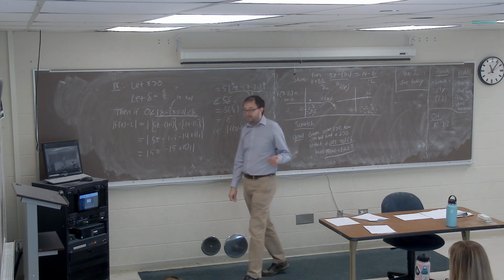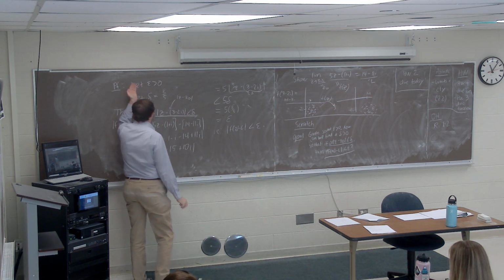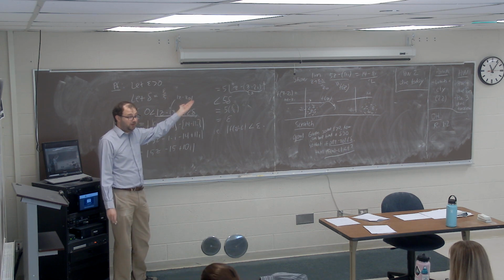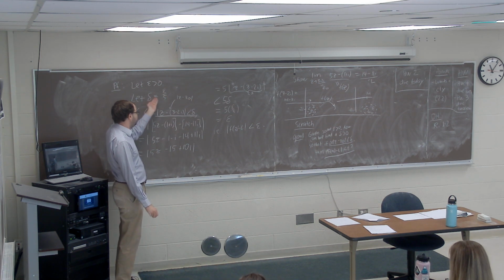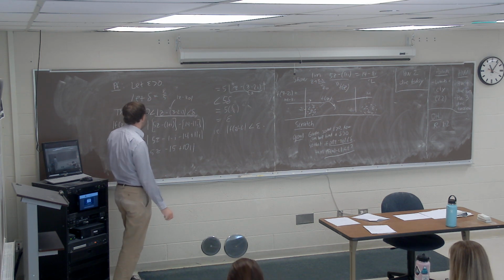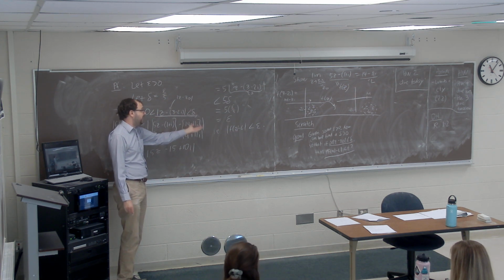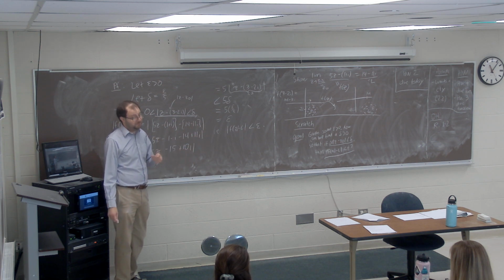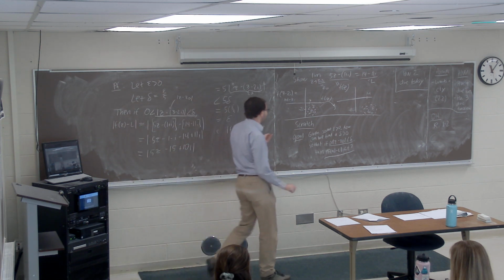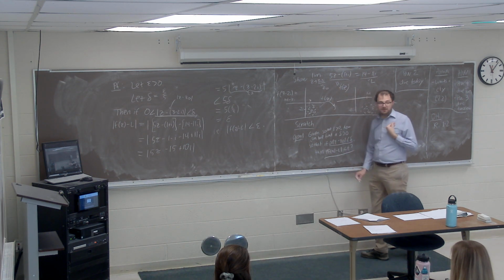We showed that if we define some arbitrary epsilon greater than 0, we could pick a delta so that if the distance from z to z naught is less than delta, then the distance from f of z to L is less than epsilon. So in other words, man, these pictures are getting crowded.